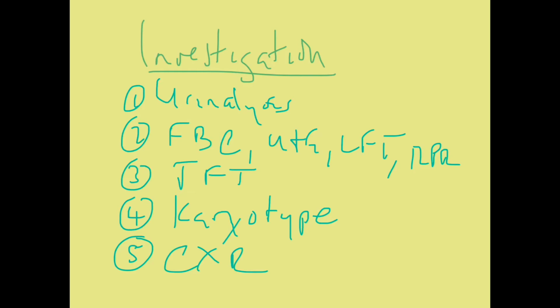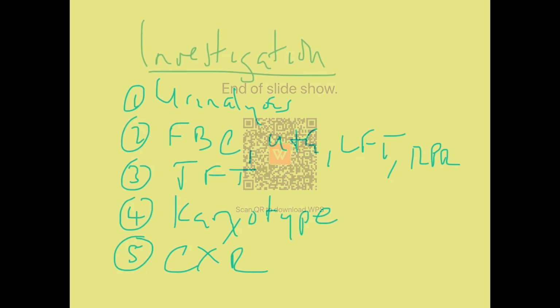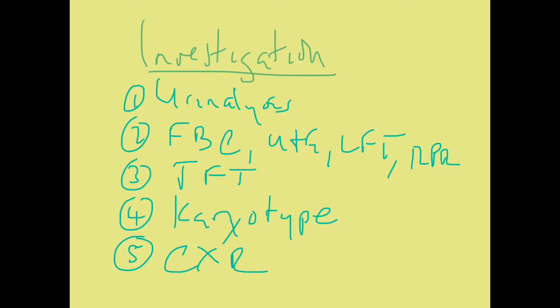Then do a karyotype. By karyotype, we're just checking the chromosomes, and this can show us if there's Turner syndrome, the 45,X karyotype. We usually do it if we suspect Turner syndrome, with other signs of Turner syndrome apart from the edema.